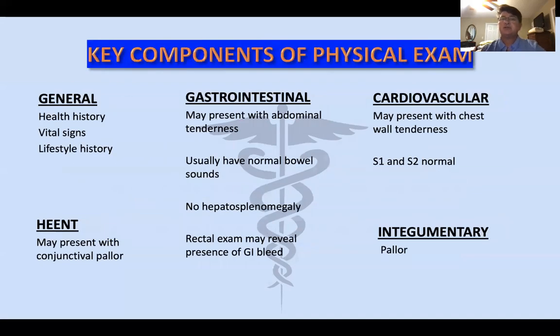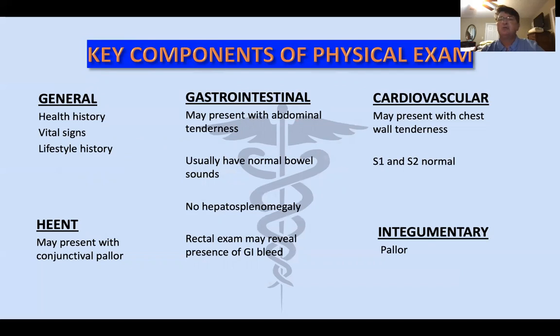There are several components of the physical examination. One that you always include will be your general history, vital signs, and lifestyle history. You need to assess their cardiovascular status, as they may present with chest wall tenderness. They also may present with skin pallor or conjunctival pallor in the eyes. The biggest thing to look for is in your gastrointestinal section.